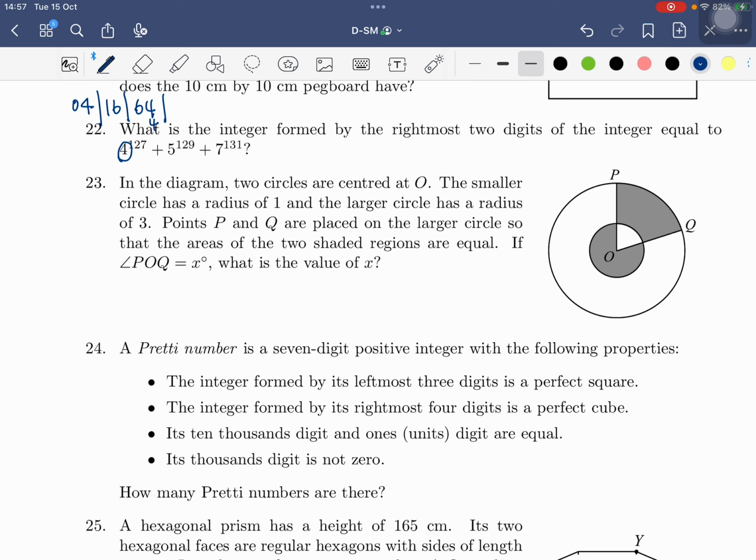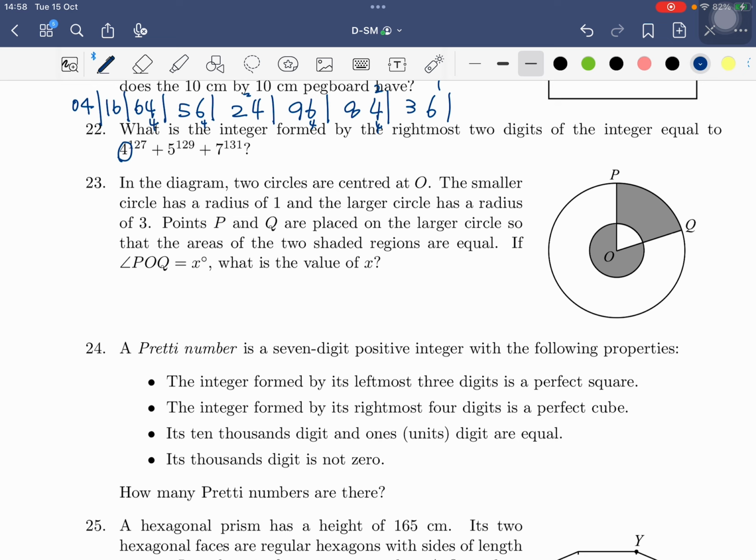No, I made a mistake. 56 and 4, oh, we still couldn't find the pattern. Am I right? Just let me use the calculator.